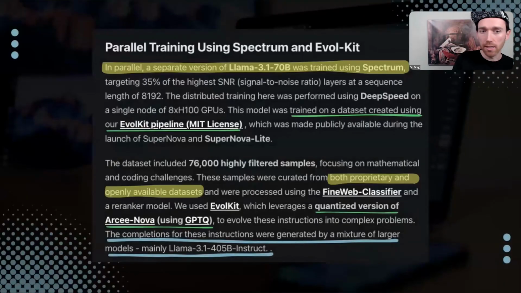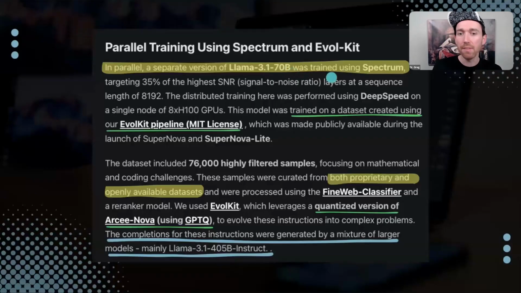Now, in parallel, they took separate versions of Llama 3.1 70B, and they fine-tuned it using their custom fine-tuning approach. We'll mention it later. It's called Spectrum, and it's a little bit different than LoRA. It uses a signal-to-noise ratio approach, and it's potentially better at distributed training, versus LoRA being kind of the gold standard for non-distributed training.